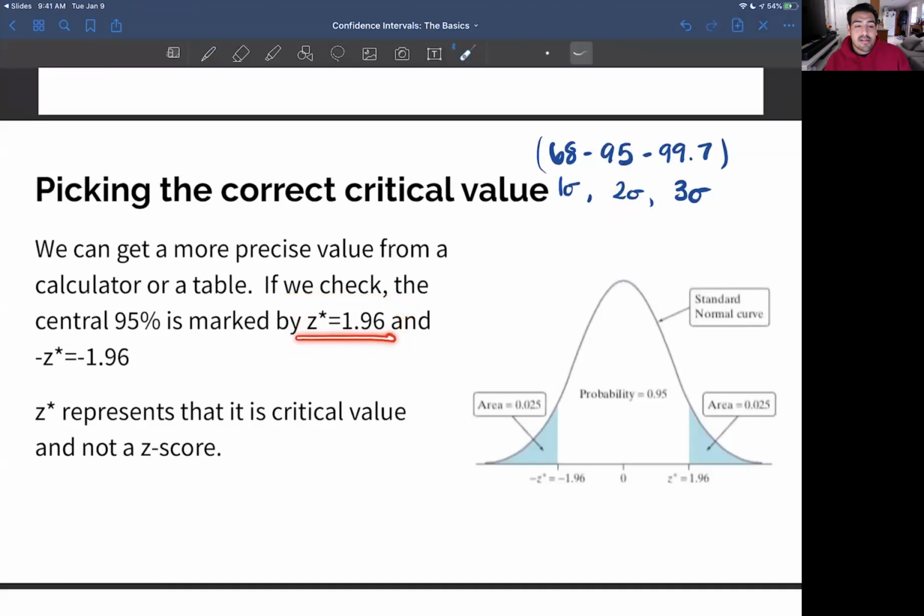When we're talking about a z-score of 1.96 standard deviations, that's telling us we're going to have 95% of the area under the curve between negative 1.96 and positive 1.96 standard deviations. The little asterisk here is saying that this is talking about a critical value, not necessarily a z-score.